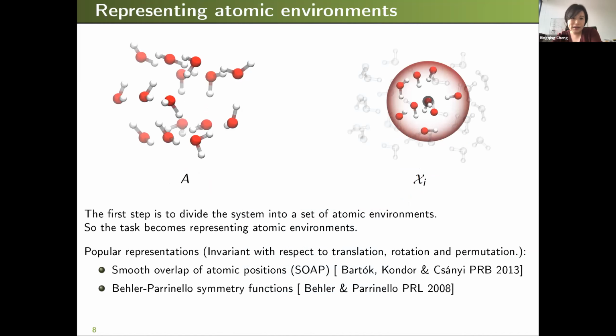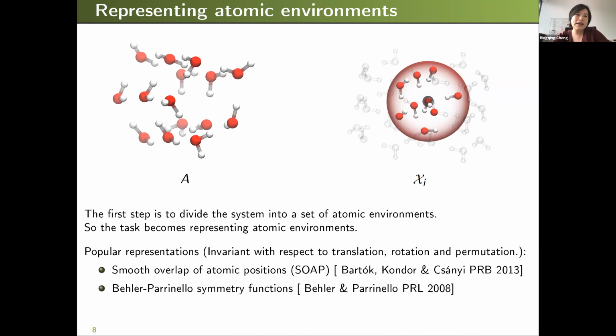Another aspect is how we translate our physical chemical systems into this high-dimensional input matrix. Typically we always start from the notion of atomic environments. We have a system to start with, which can be an extended system or an isolated molecule.